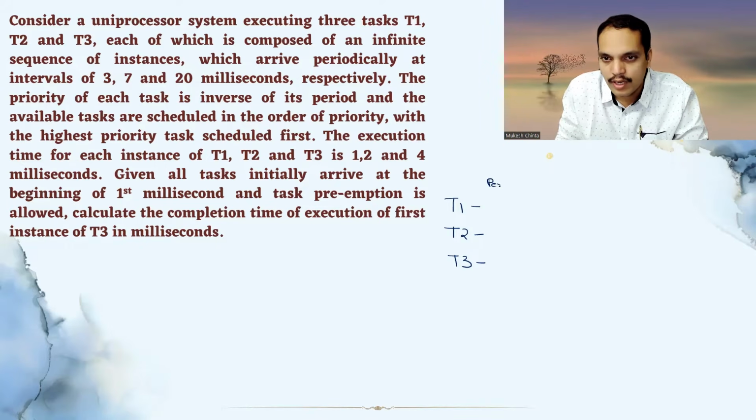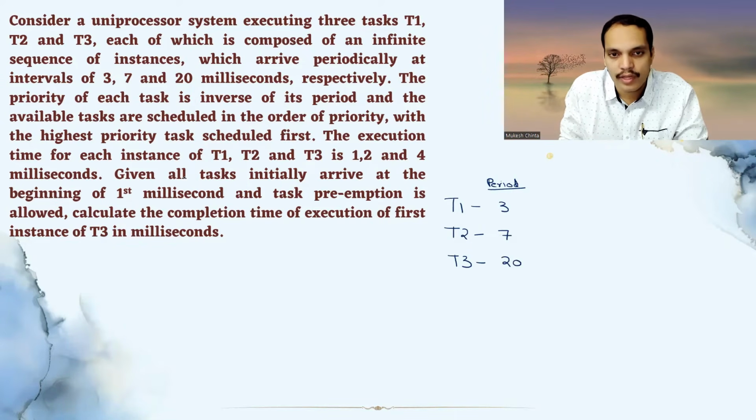So for these tasks, I am writing the period as 3, 7, and 20. And it is also given that the burst time, or the time it takes to execute these tasks, is 1, 2, and 4.